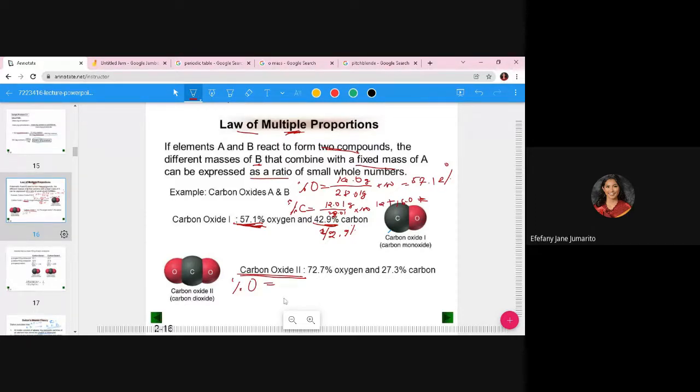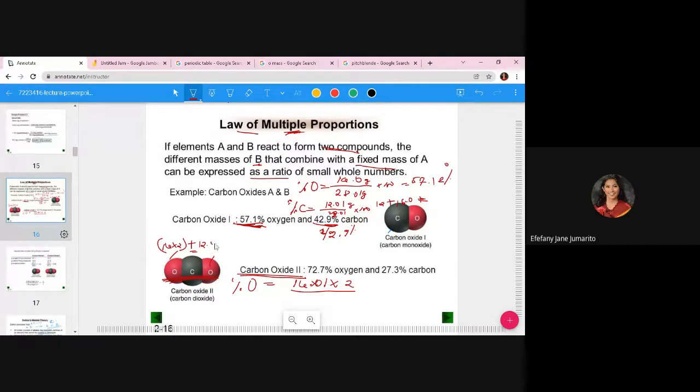Percent oxygen is equal to 16.01 times 2 because there are two atoms of oxygen, divided by the total atomic weight of carbon dioxide, which is 16 times 2 plus 12.01.